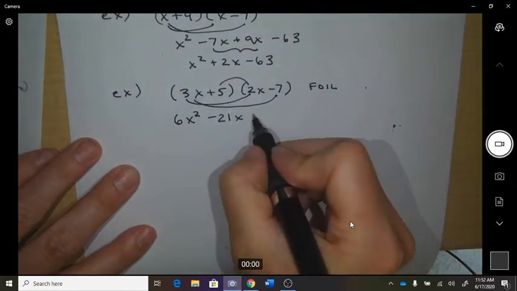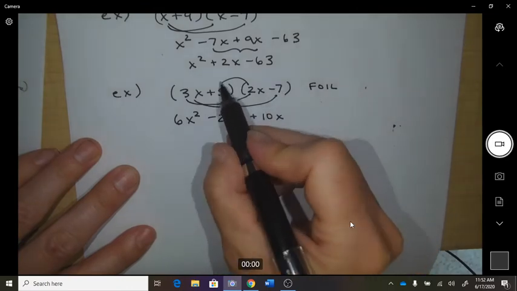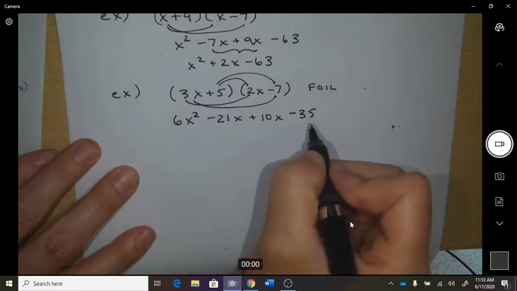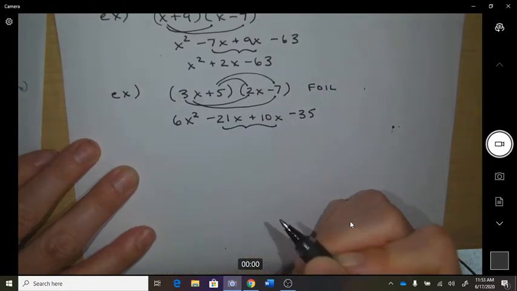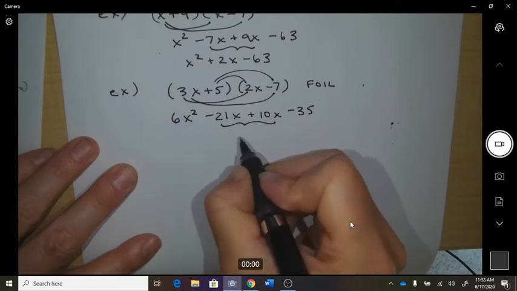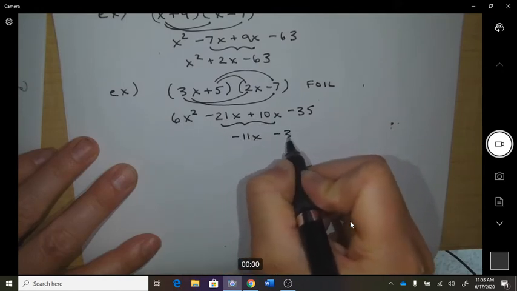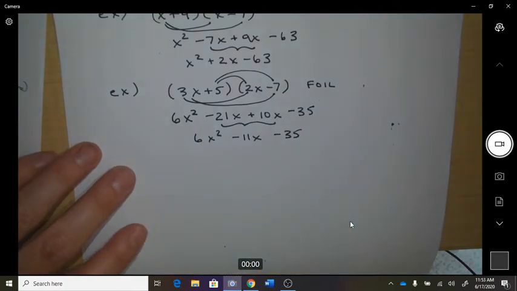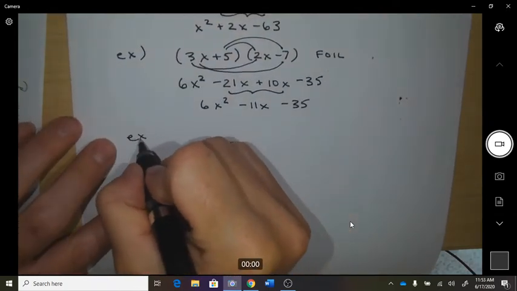Insides, plus 10x. Last, negative 35. Anything I can collect together? Those two. So negative 21 plus 10 is negative 11x. And there's my final answer.